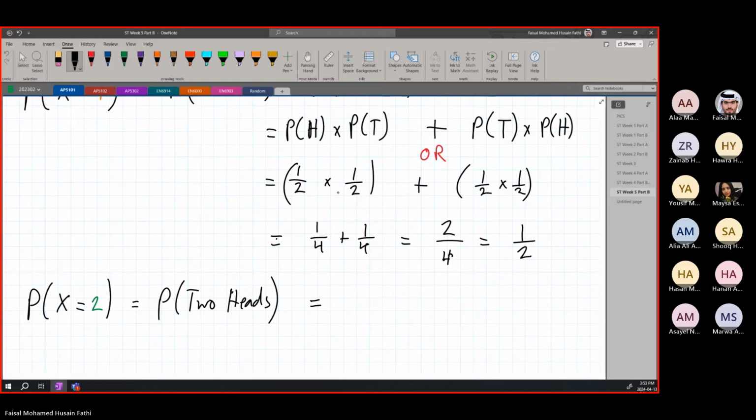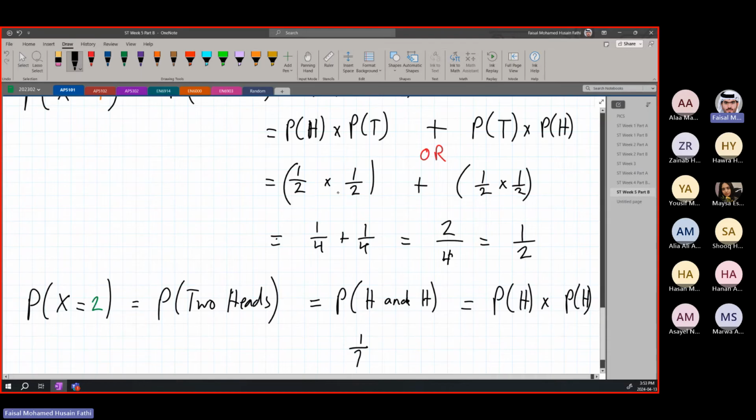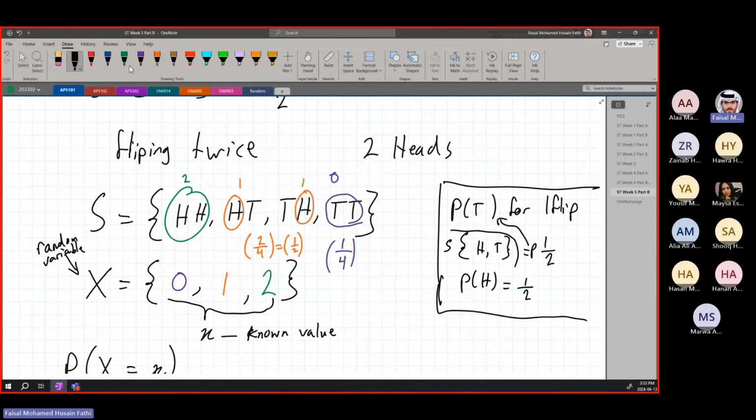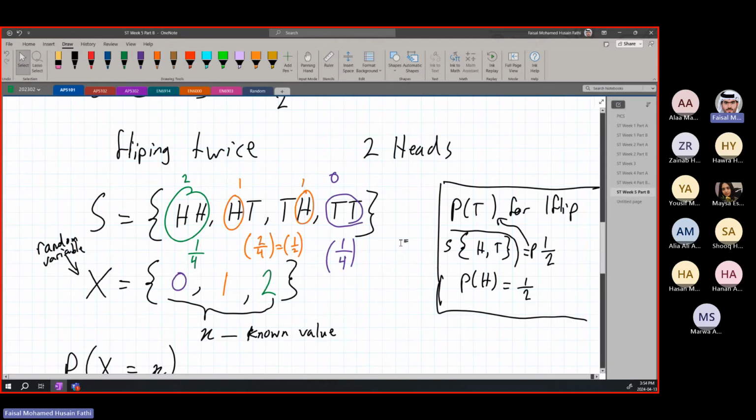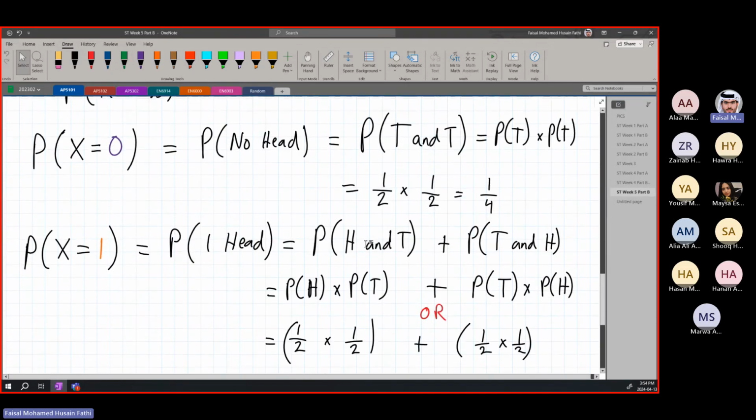So it's P of heads and heads. And we know that this is equal to P of H times P of H. We know that P of H is half, so it's half times half, which is equal to 1 over 4. Again, when we look at it back here, we know that there is only 1, and it's all out of 4 sample spaces. This is the whole idea of how to do it.